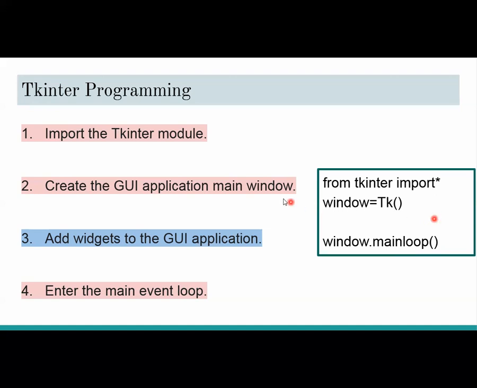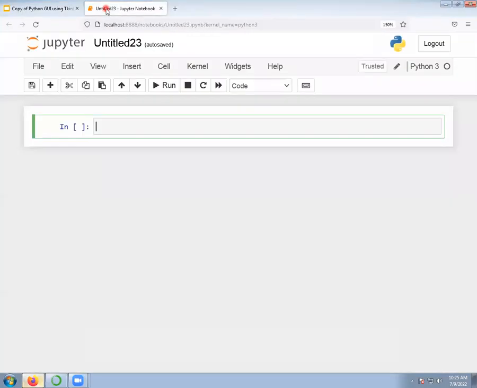Let us see a hands-on session to create this tkinter window. I have used Jupyter Notebook here. You can use any IDE like PyCharm, Spyder, or any other. The very first thing we have to do is import tkinter.